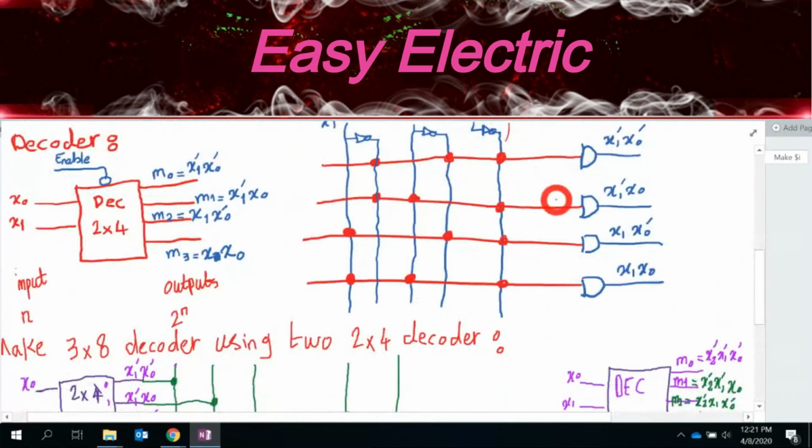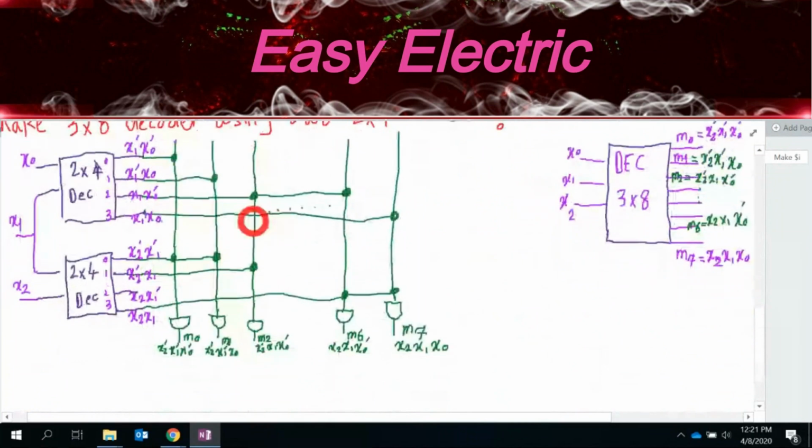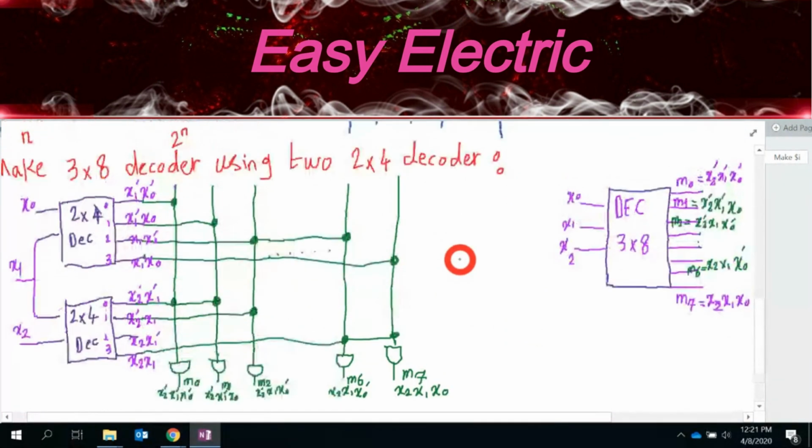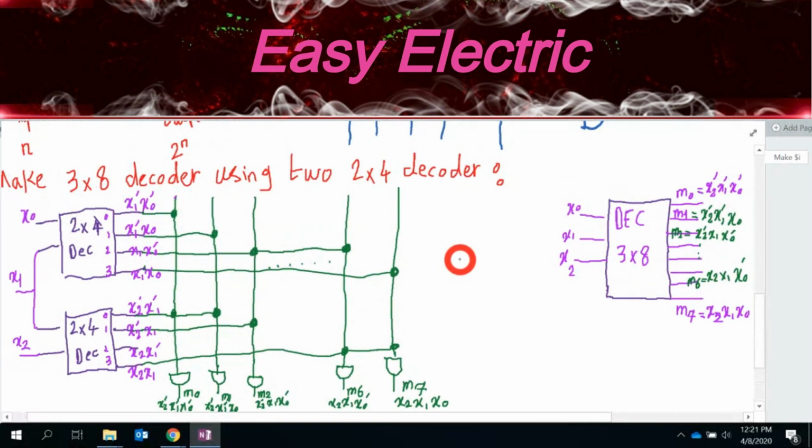You know the 2 to 4 is just gates, and then you could combine 2x4 and make 3x8. Okay, so this is the 3x8 decoder. Then you could actually make any decoder, anything that you want.